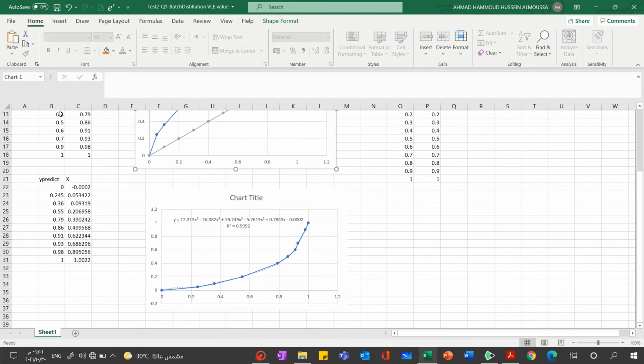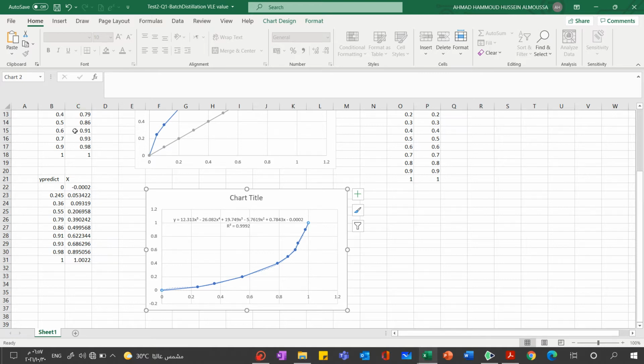You make this line, which is the inverse of this graph or chart, by inverting the x and y values.